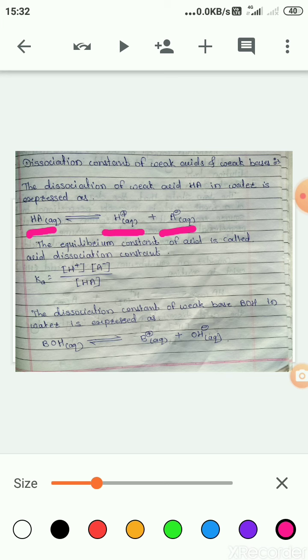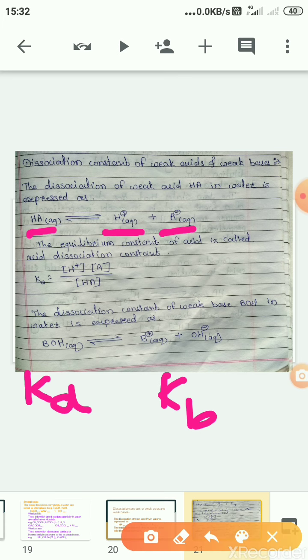The equilibrium constant of a weak acid is called the acid dissociation constant. As we have seen the equilibrium constant in chemical equilibrium, the same concept or formula we apply here for the acid dissociation constant as well as the base dissociation constant. The acid dissociation constant is denoted by Ka and the base dissociation constant is denoted by Kb.